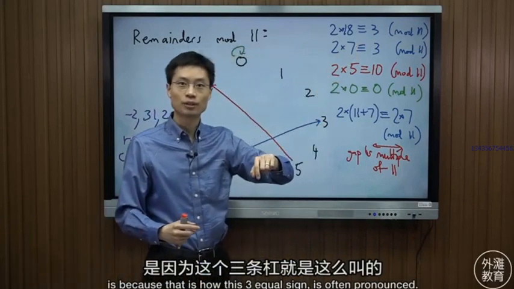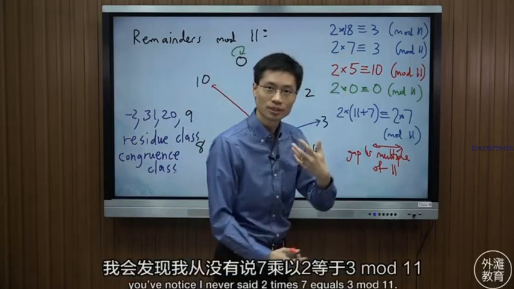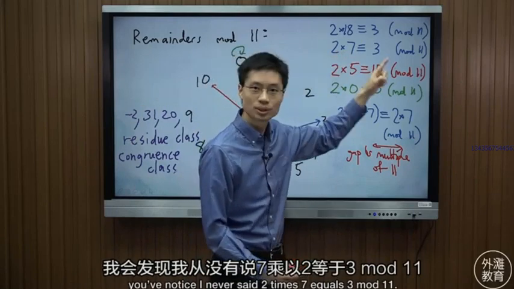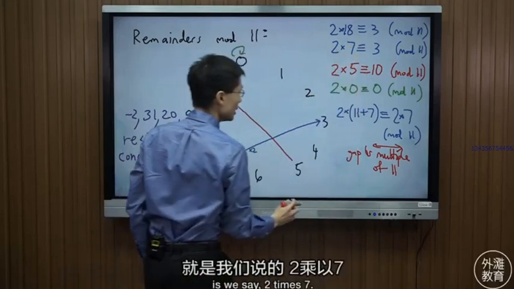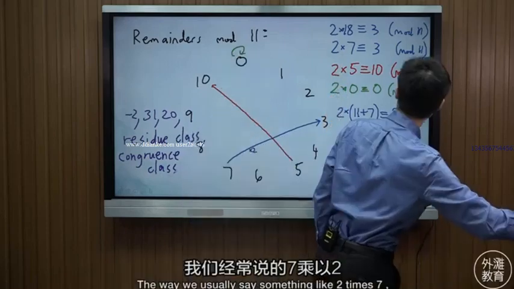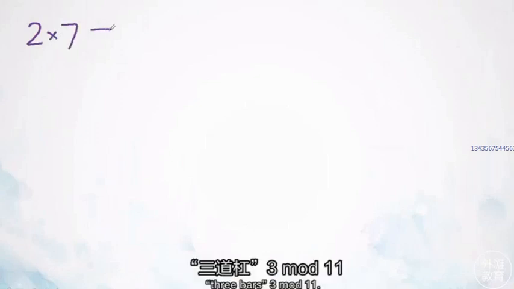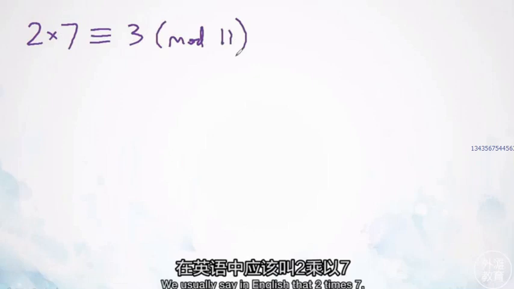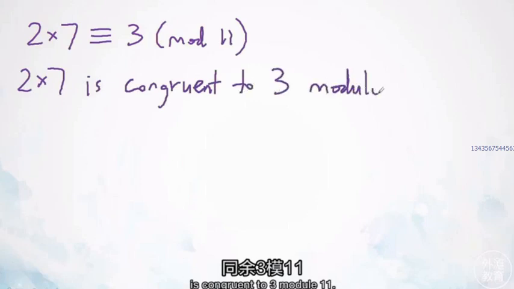The reason for that word congruence class is because that is how this 3 bar equal sign is often pronounced. You've noticed I've never said 2 times 7 equals 3 mod 11. The way we usually say something like 2 times 7, 3 bars, 3 mod 11, is in English we say 2 times 7 is congruent to 3 modulo 11.